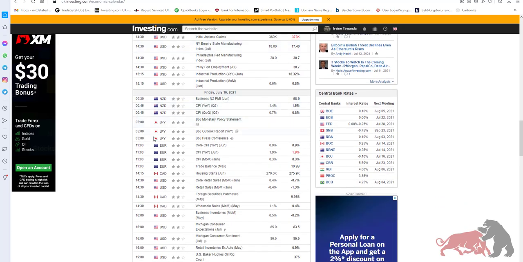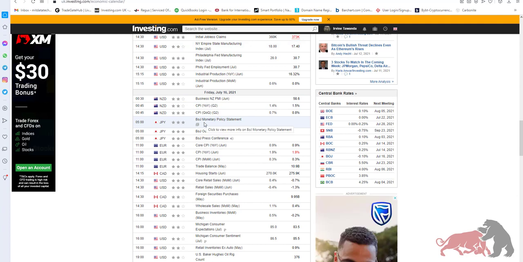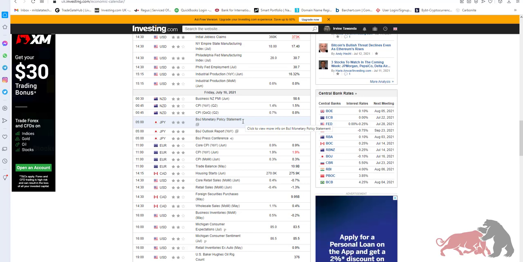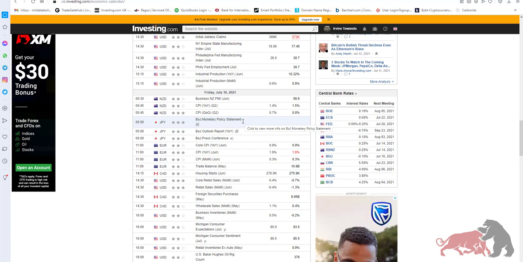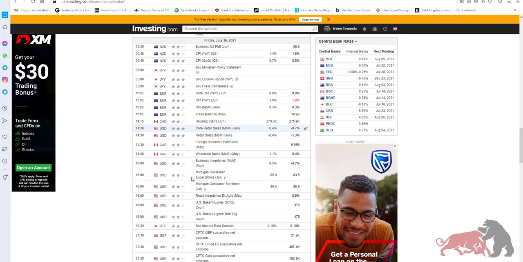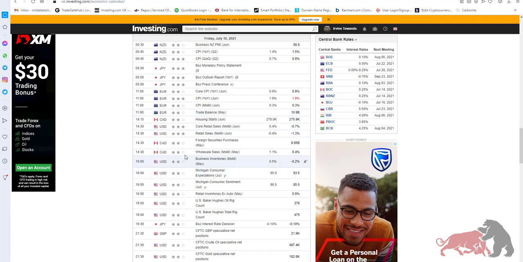Then Friday, we have BOJ in focus, right? Bank of Japan. So we've got the monetary policy for the BOJ, and then we also have their press release and outlook report. And then for the euro we have the core CPI and the CPI news for June. So that's pretty much looking ahead into the week.